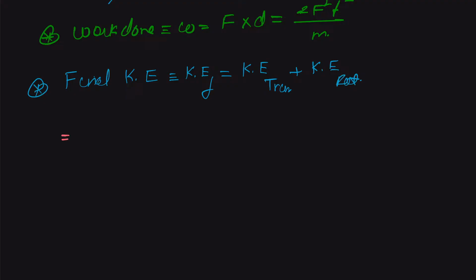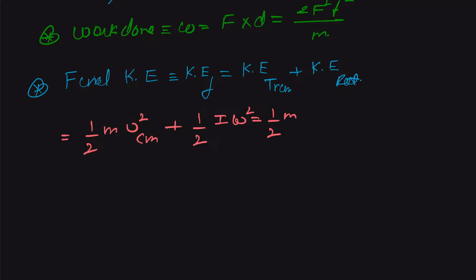Our translational will be equal to half m v center of mass squared plus half I omega squared, and we can just substitute the values, later on we can deal with it.